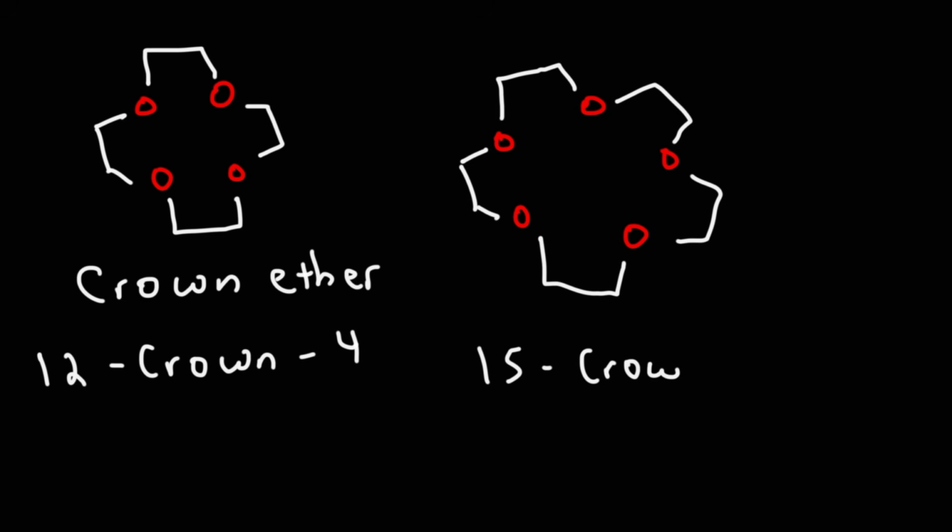There are 15 atoms in total and 5 oxygen atoms. The 12-crown-4 ether is very useful for solvating lithium ions. The 15-crown-5 ether is bigger. It can solvate a bigger ion, in this case the sodium ion. And the 18-crown-6 ether is used to solvate the potassium ion.